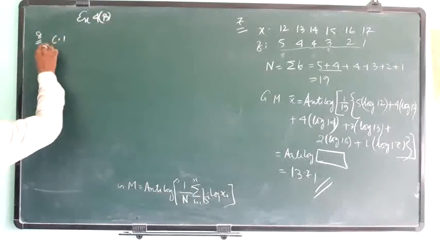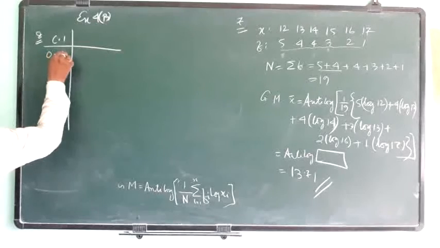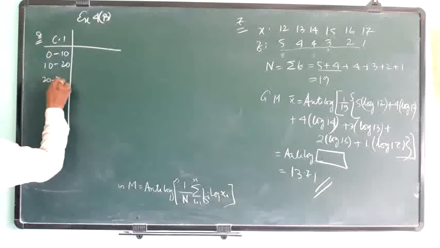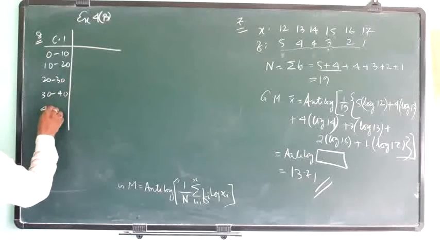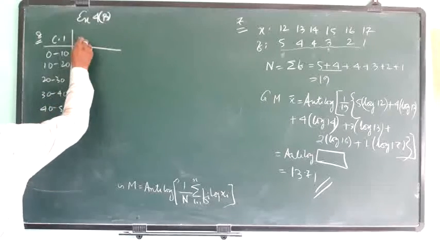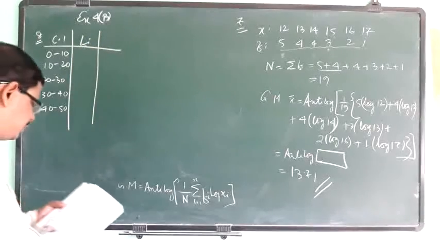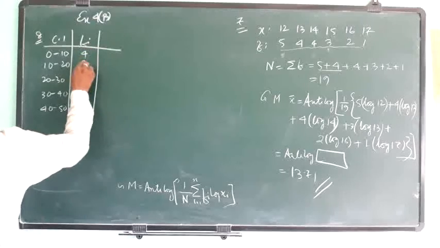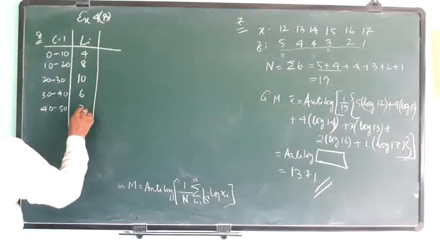Now, the class intervals for this question are 0 to 10, 10 to 20, 20 to 30, 30 to 40, 40 to 50. And according to this, the frequency, that is the number of students they have given, is 4, 8, 10, 6, 7.